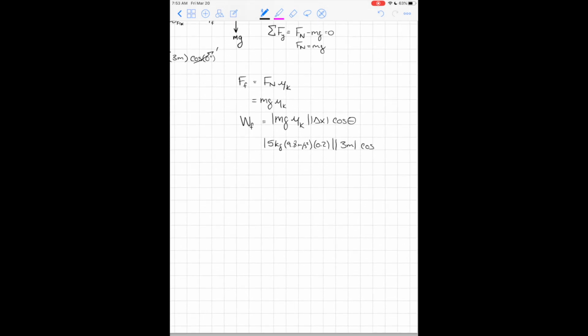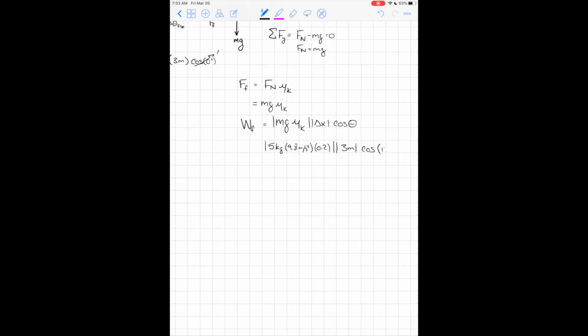It's a full 180 degrees. If you throw that into a cosine function, you get -1. If I plug all this through, I should get -29.4 joules.